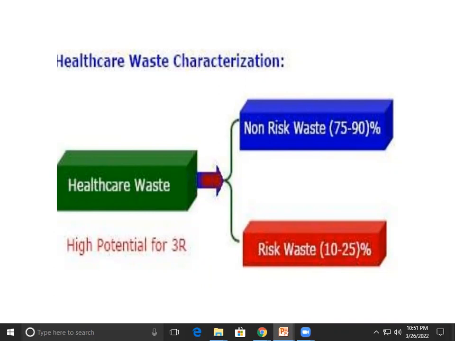Risk waste is harmful to human beings, which is dangerous, hazardous waste. That is called risk waste. And the waste which is non-hazardous is called non-risk waste, which is 75 to 90%.